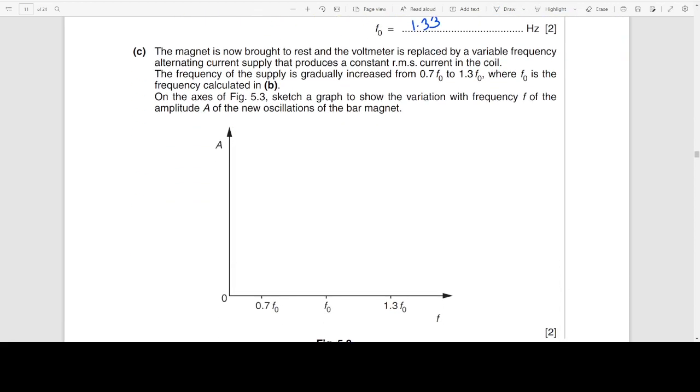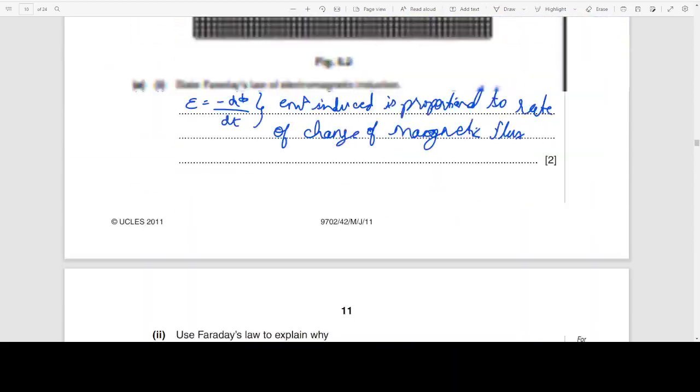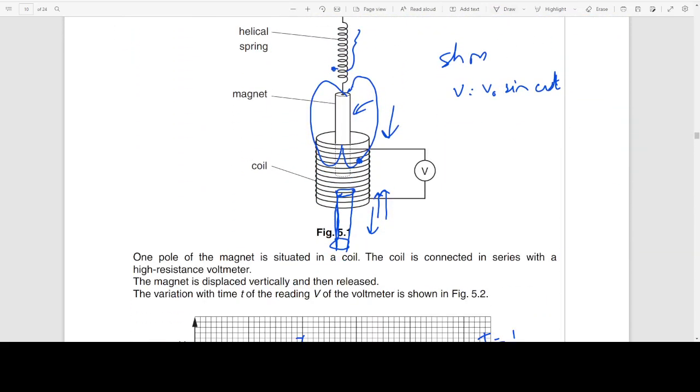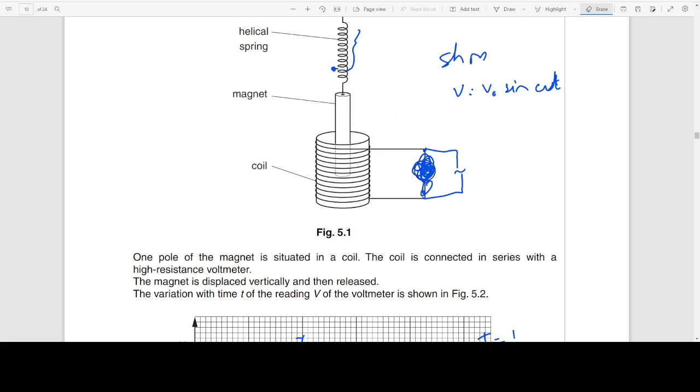The magnet is now about to rest, and the voltmeter is replaced by a variable frequency alternating supply. So just for easy understanding, this voltmeter is now replaced with an alternating supply, and this magnet has now come to rest somewhere in the coil.